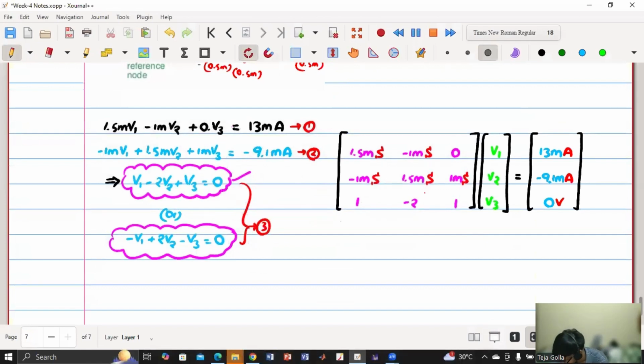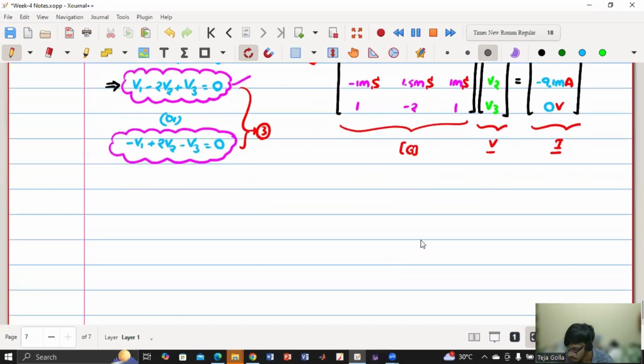So now if this is the G matrix and this is V bar, and if this is I bar, we can get V bar as G inverse into I bar, and by solving that, you will get V1, V2, V3, which I have solved.